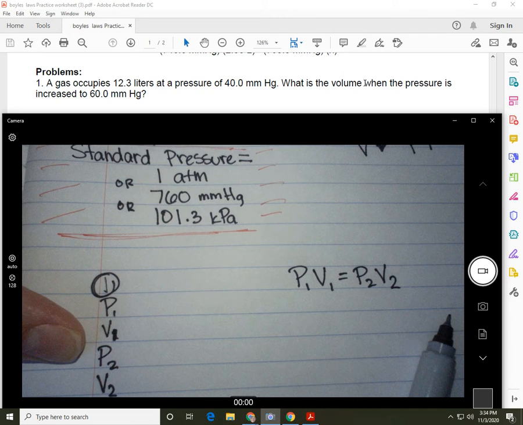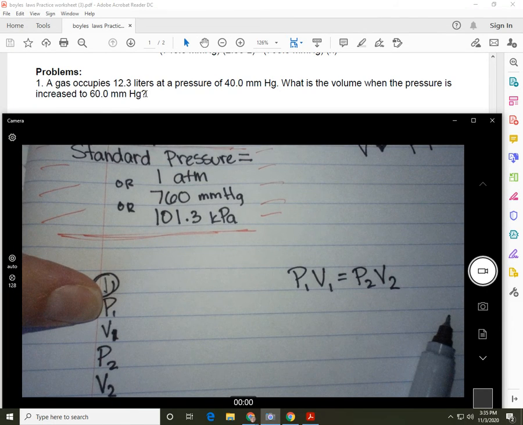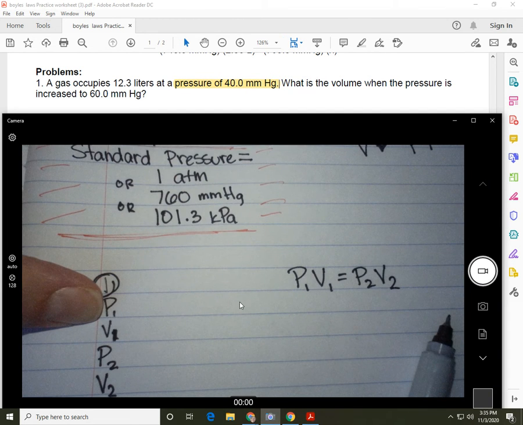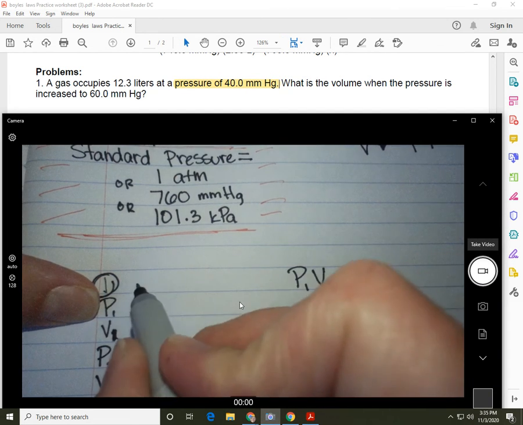What is the volume when the pressure is increased to 60 millimeters of mercury? All right, so my first variable that I'm looking for is a pressure. Gas occupies 12.3 liters at a pressure of 40 millimeters of mercury. So that's my first pressure, 40 millimeters of mercury.